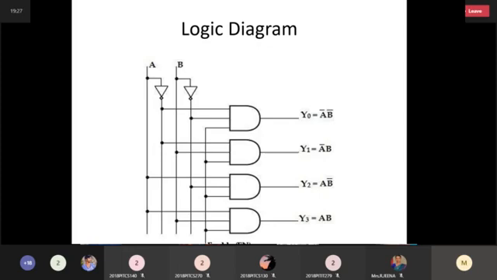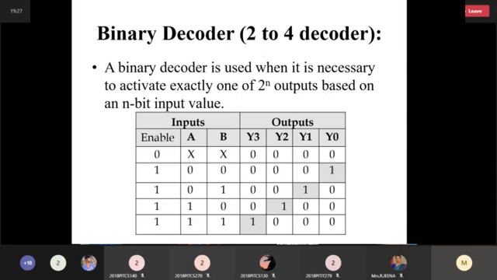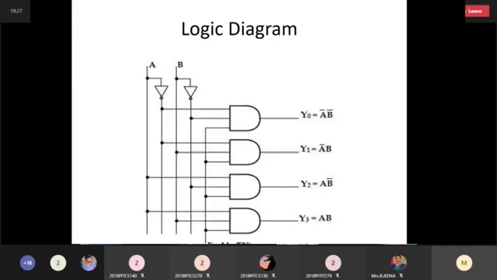Next, your third input is A is 1 and B is 0, right? In this, A is 1 and B is 0, so what is the logic diagram?